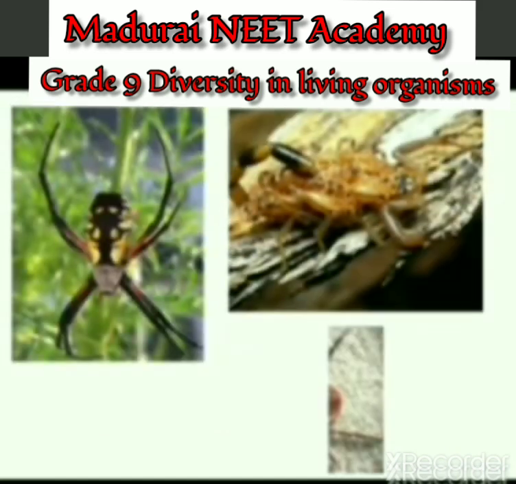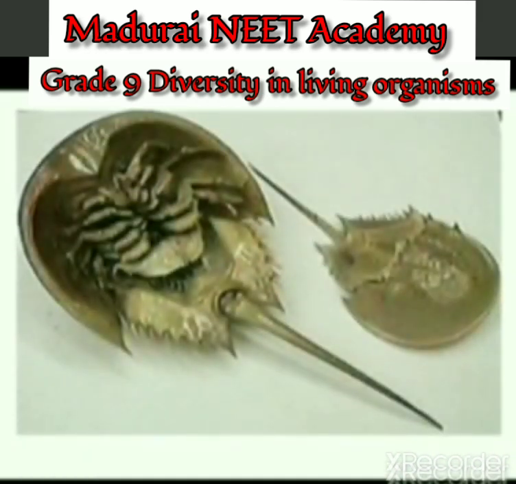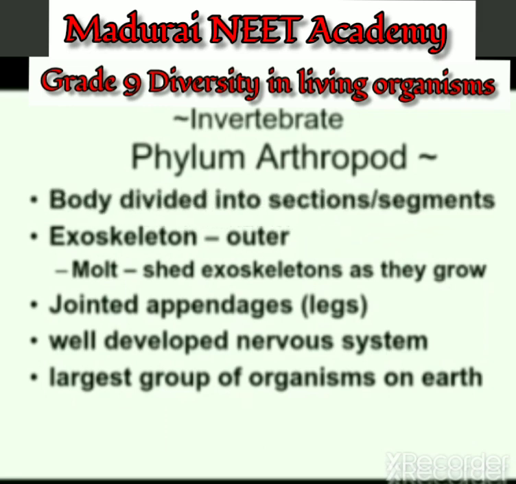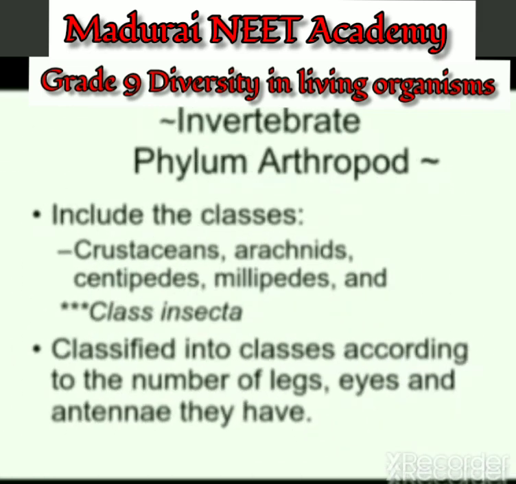The phylum Arthropoda includes spiders, and it is the largest group of organisms in this phylum. Examples are crustaceans, arachnids, centipedes, millipedes, and other classes, and the class Insecta also comes under this phylum Arthropoda.